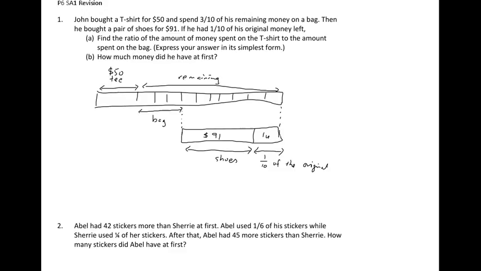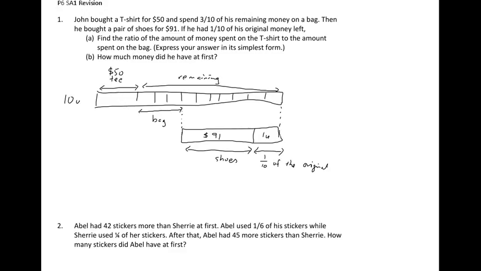if I assign that as 1 unit, how many units is his original amount of money? 10 units, right? If I assign this as 1 unit, the original amount of money will be 10 units.